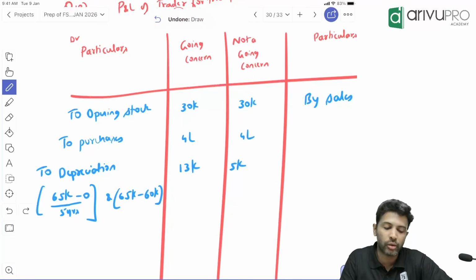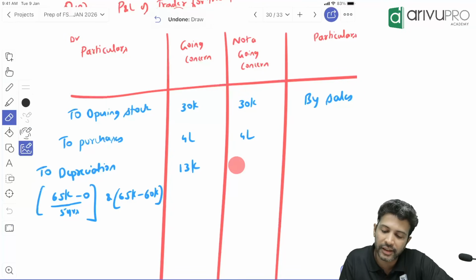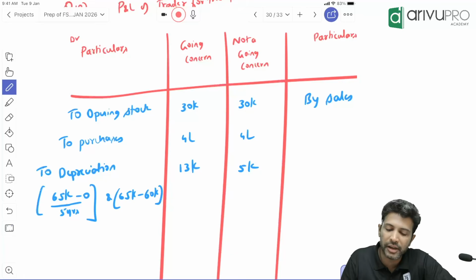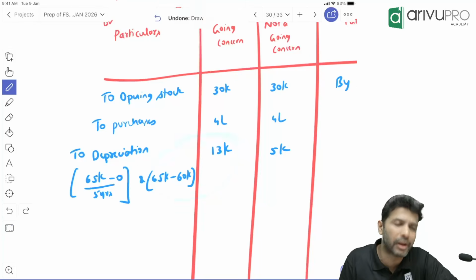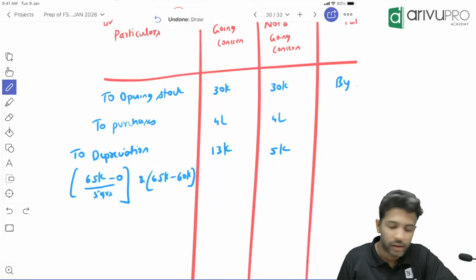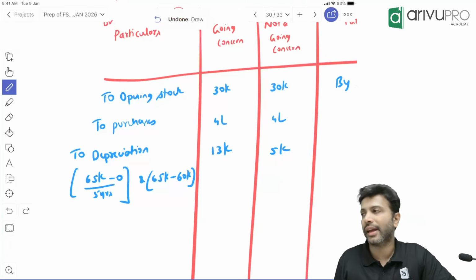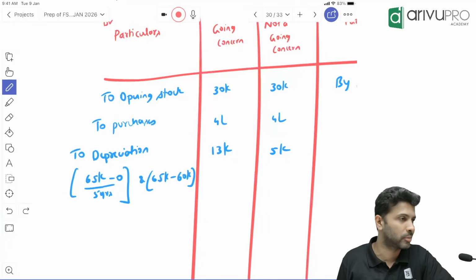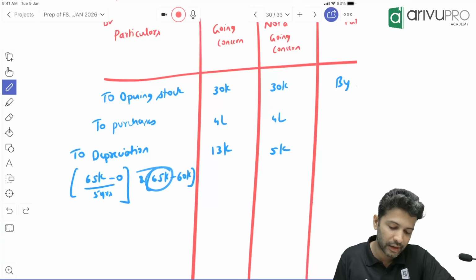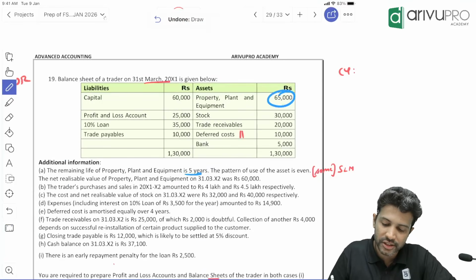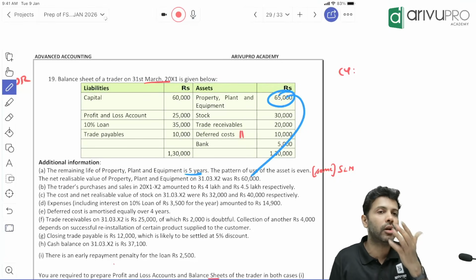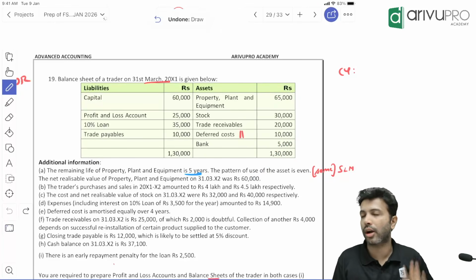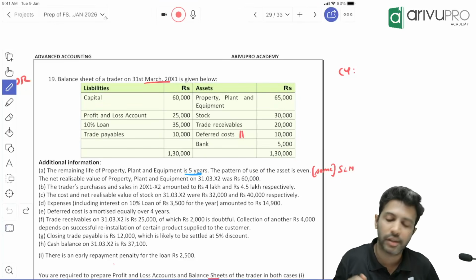That only will be accounted as depreciation in the second case, when the entity is not a going concern. Understood? That is what I meant: when entity is a going concern, normal accounting, what you've been doing. But if entity is not a going concern, every asset at the end of the year will be shown at realizable value. Currently, PPE ka value is 65. From 65, bring it down to realizable value of 60. So reduction in the value of the asset is 5. That you will account as depreciation. Done?